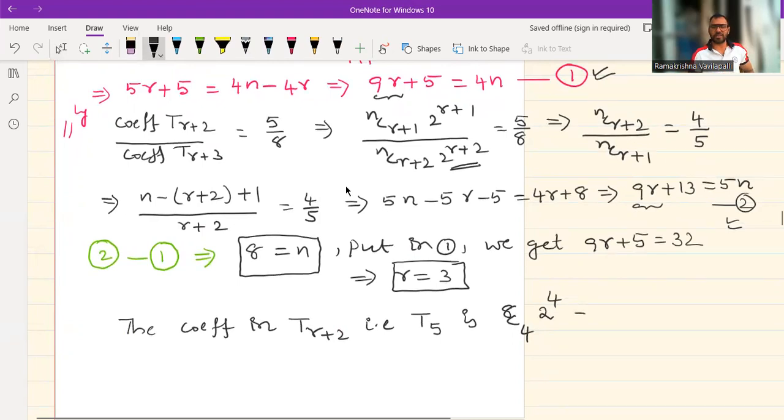We have to multiply this: 8 into 7 into 6 into 5 by 24, into 16. After simplification, you will get 1120.